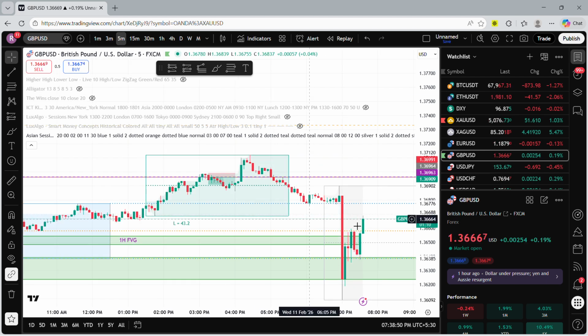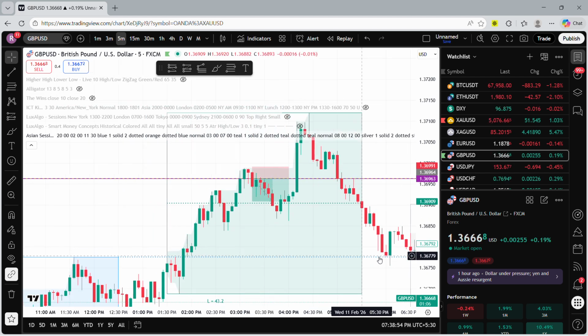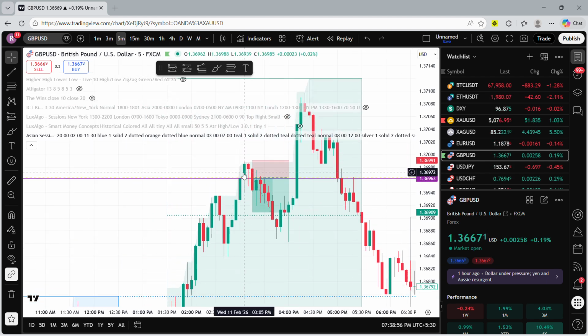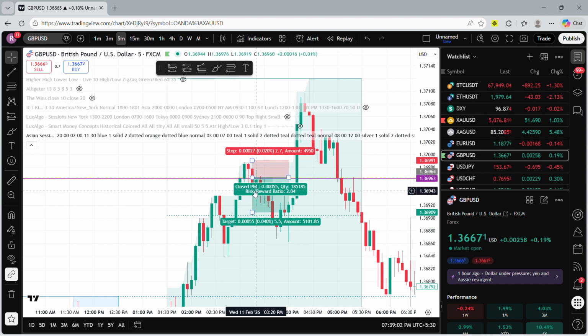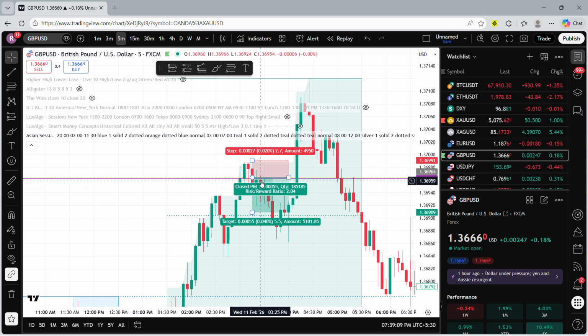Since I took the final trade in the 5-minute chart, if you can see, this candle closed above the New York high and the Asian high of the previous day, but then the remaining two candles immediately plummeted the price, which gave me a confirmation that price is having that liquidity sweep and is going to go down.